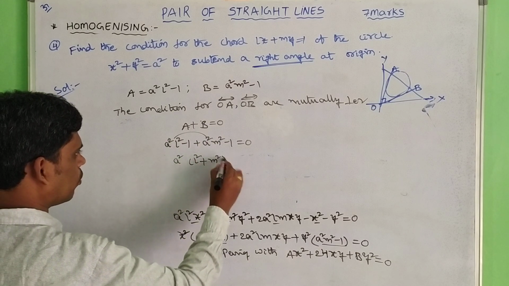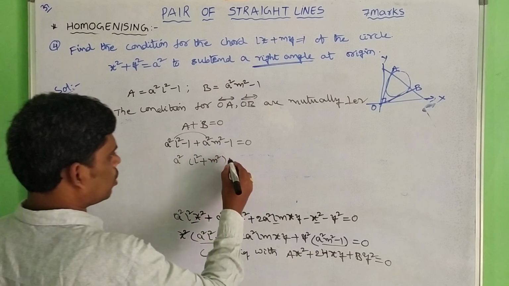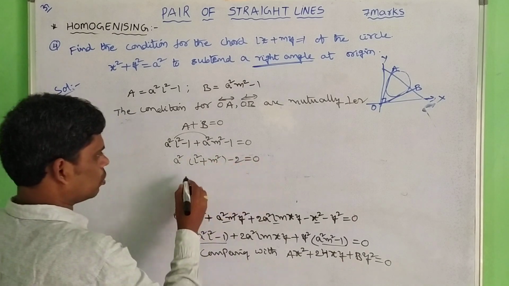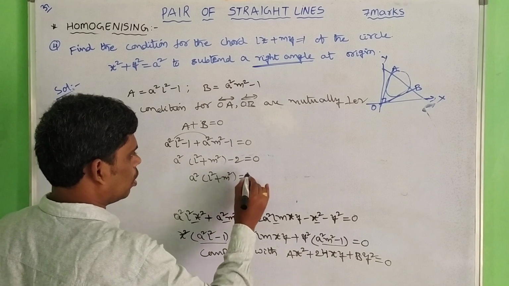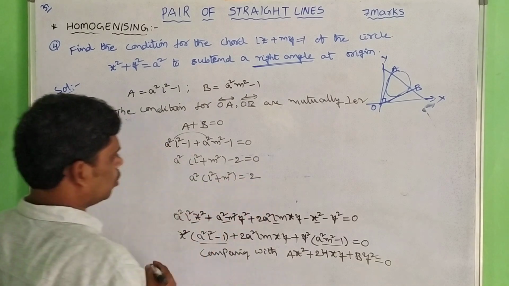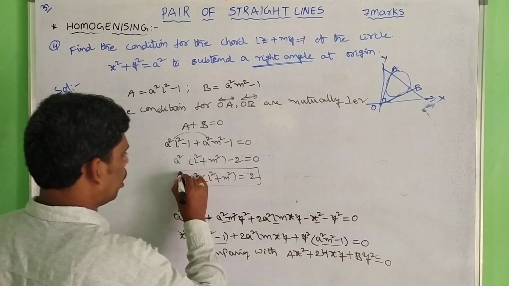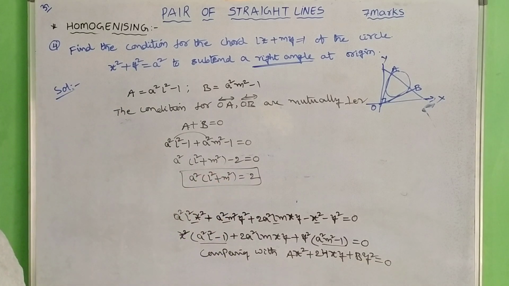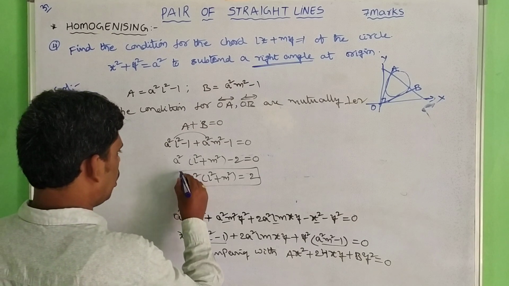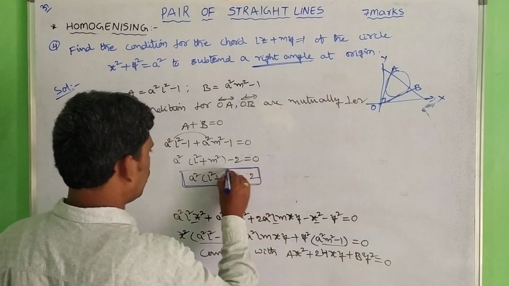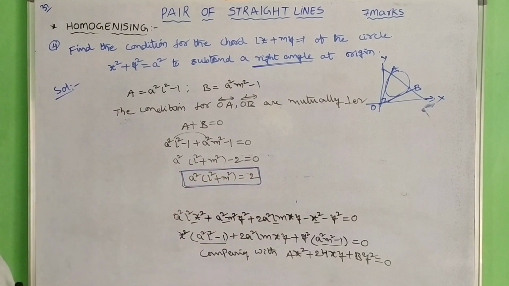The remaining part is l square plus m square minus 1 minus 1, which is minus 2, equals to 0. Minus 2 comes to the right side as 2. The final condition is a square into l square plus m square equals to 2. This is the final condition for the two lines to be mutually perpendicular.